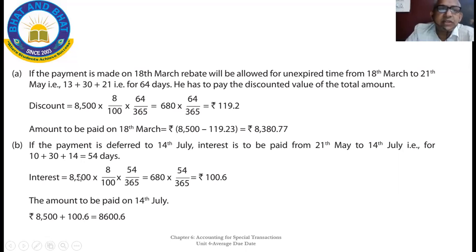Hence, interest calculation on 8,500, 8 by 100 interest rate, 54 by 365 days. Simplification comes to 100 rupees 60 paisa. Hence, this 100 rupees 60 paisa should be paid more here as the date is after the average due date. Hence, it comes to 8,600 rupees 60 paisa. Here, payment will be less because this is a rebate.